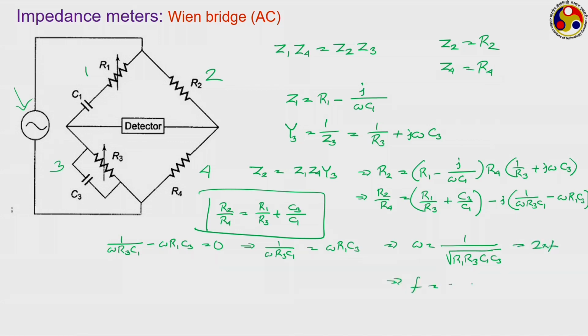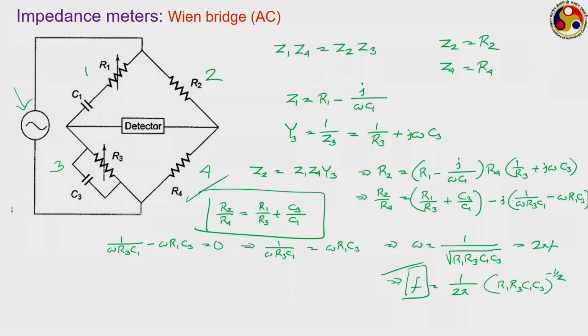So, your f becomes 1 upon 2 pi into (R1 R3 C1 C3) whole to the power minus half. So, this is the frequency of the applied voltage signal that we have got. If we know the applied value of f, then using this relation and this relation we can calculate the value of R1 and C1.